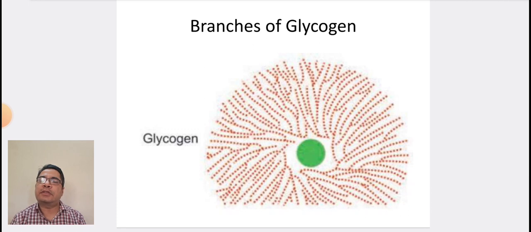In this diagram, we can see branches of glycogen which are excessive because of alpha 1,6 linkages, and in the center the circular part is glycogenin protein.